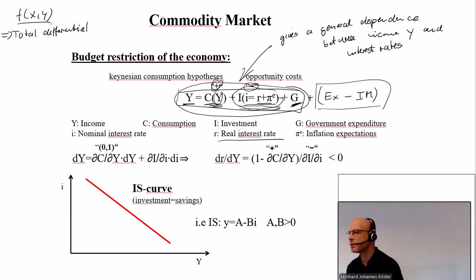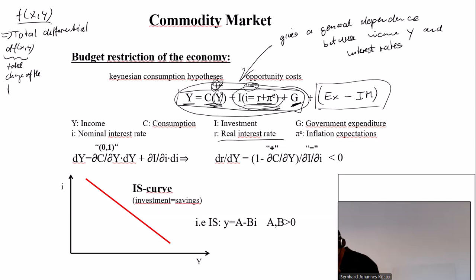And then, of course, not surprisingly, we find within the total differential all single derivatives. So small d means a delta, means df of x and y, means the total change of the function. That this is quite easy.